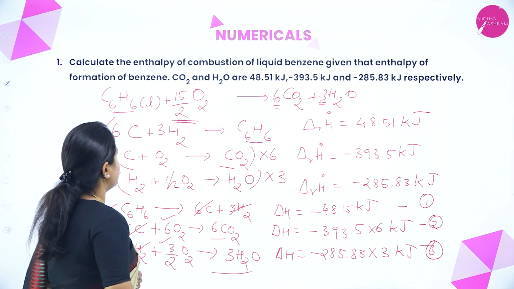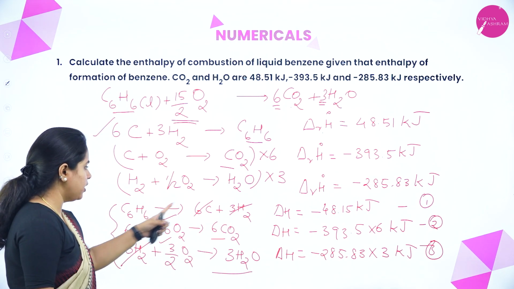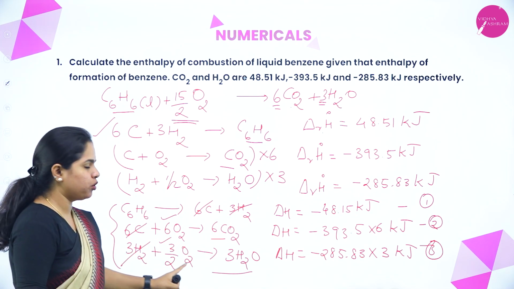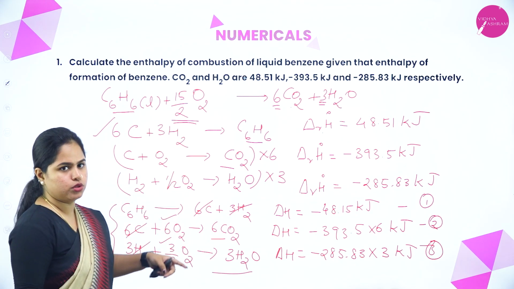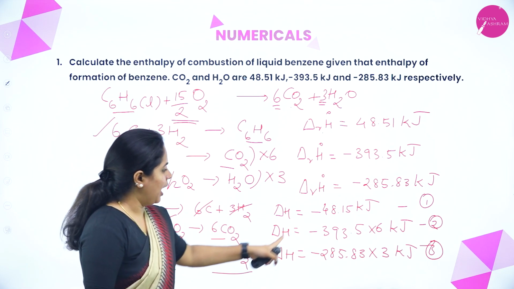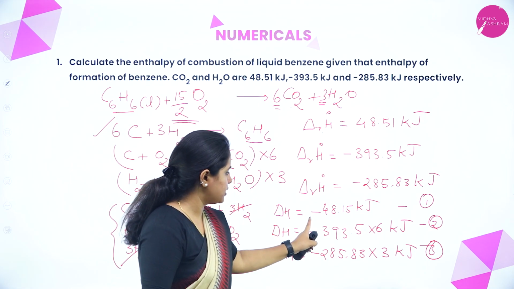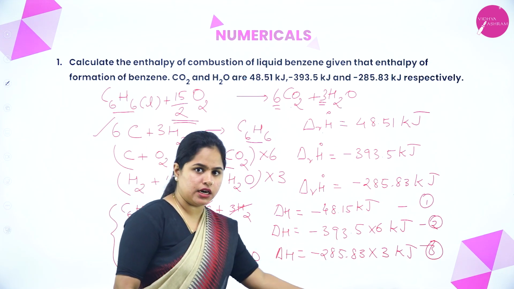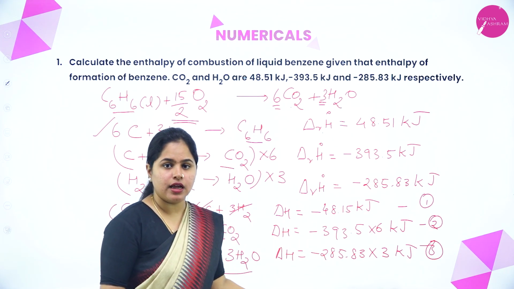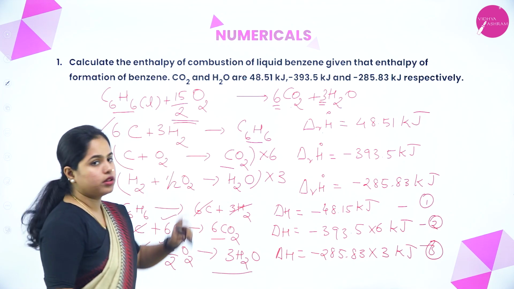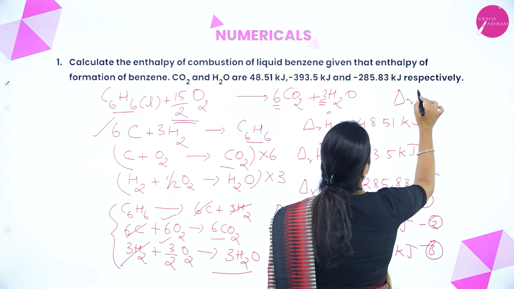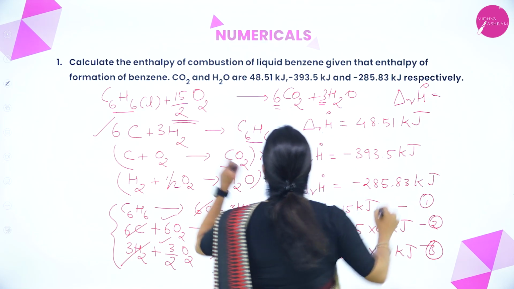So what is it that you are going to get? C6H6 from here. The carbon and H2 are cancelled out. The 6O2 and 3 by 2 O2 I added, and I got 15 by 2 O2. So that means if I add these 3 values, that is the reaction enthalpy of the first one, second one and third one, I'll get the enthalpy of the reaction which is required, for this reaction.